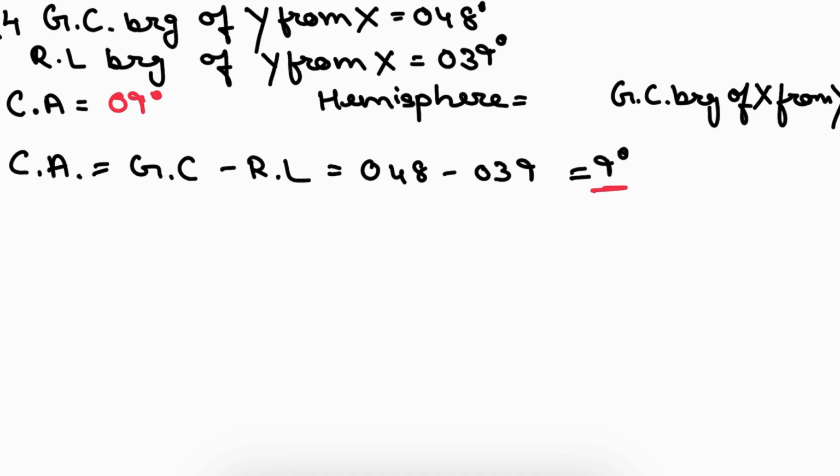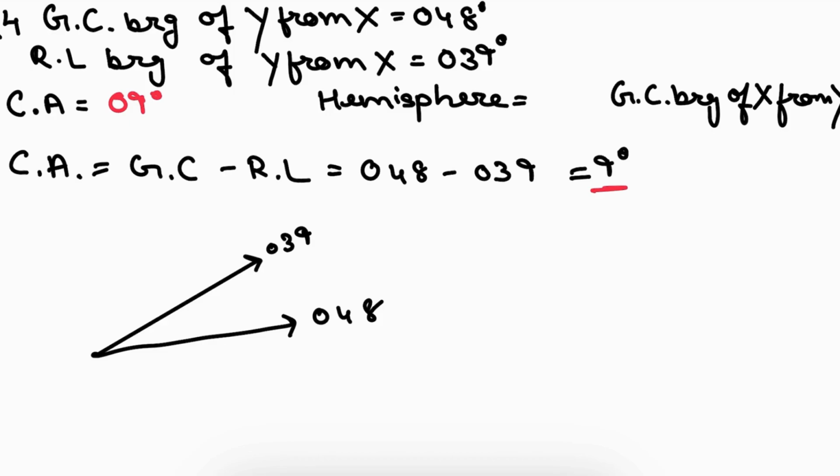Now we have to find out in which hemisphere both the points are situated. So we see that the great circle is 048 and the rhumb line is 039. So if this is the rhumb line 039, then the great circle has to be below. If the great circle is 048, so 048 is below the 039 line, right?